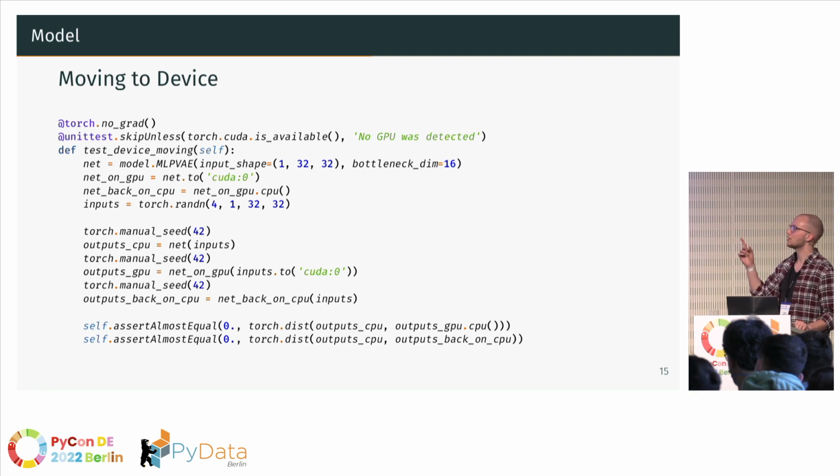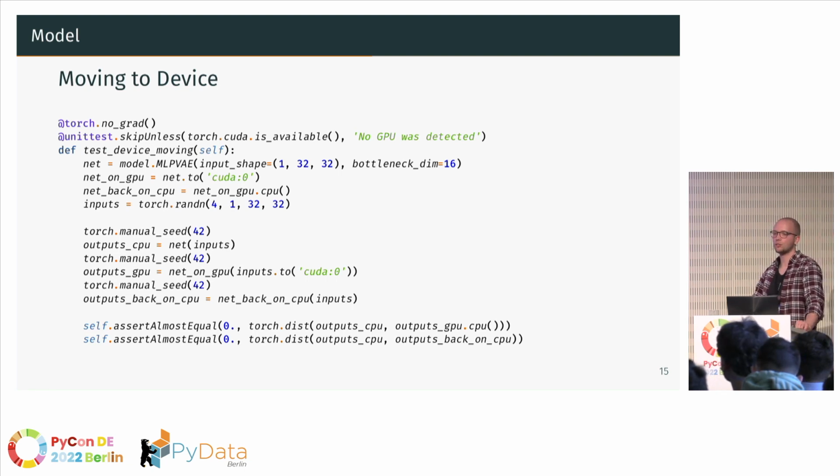So this test is skipped by the test runner unless Torch knows that a GPU is available. Otherwise, it will just say a test was skipped because no GPU was detected. Yeah, this is extremely important if you later want to do something like a CI, where you may not have a GPU and which will just fail directly if you don't wrap it in this decorator.